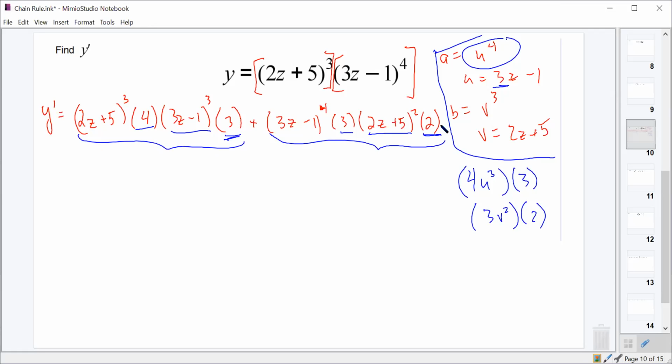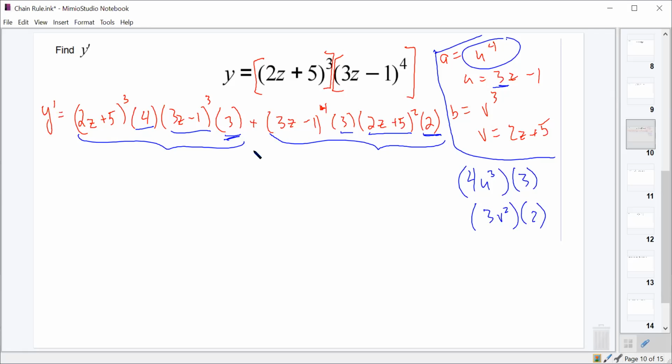If z was negative 5/2, this term would be 0, which would make everything 0, right? And this term would be 0, which would make all of this 0. Same with if z was 1/3, but there might be other values.